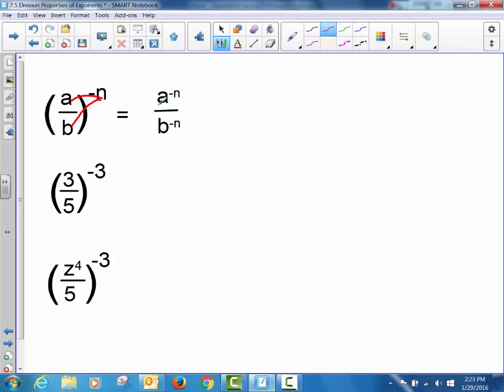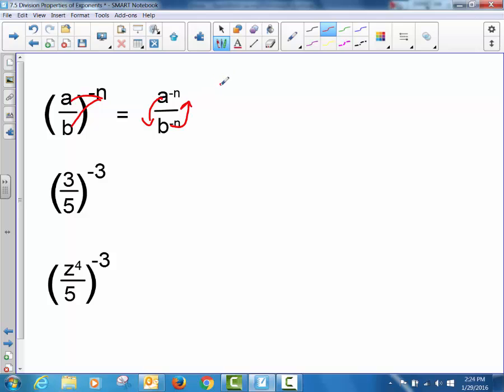Now the difference between this one and the last one is that you're dealing with a negative exponent. Remember, a negative exponent tells you to move the power from one side of the divisor line to the other side. This is the divisor line. Okay, so that means we move this one to the bottom, and we move this one to the top.